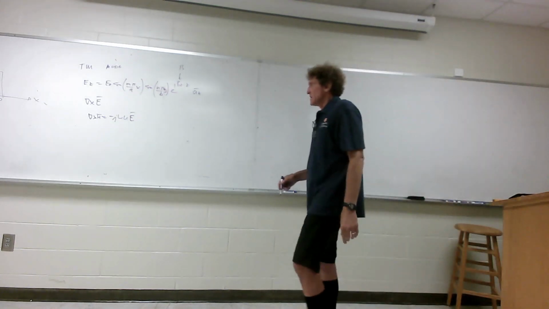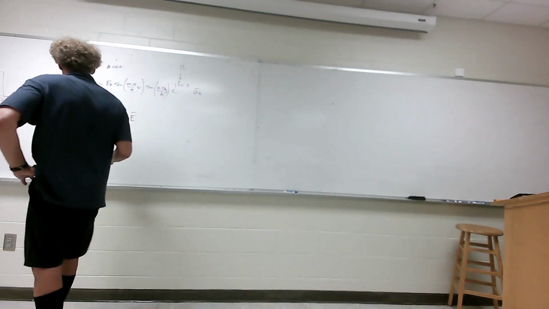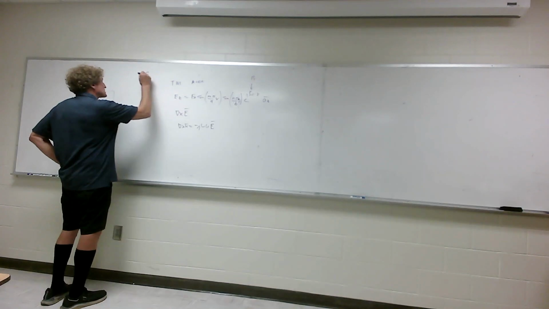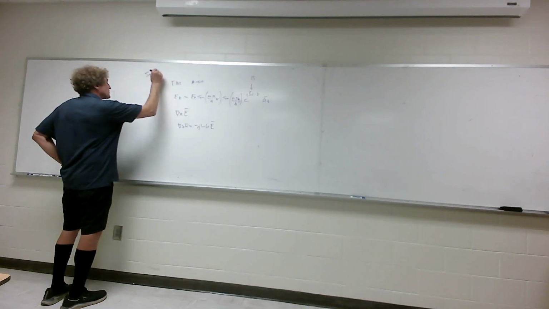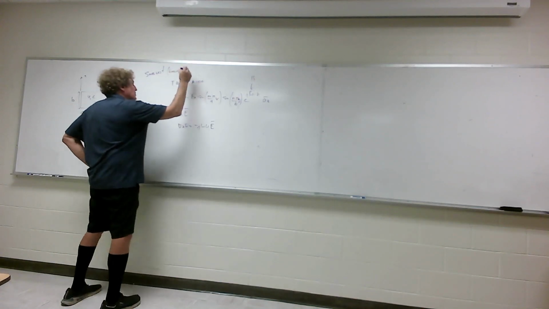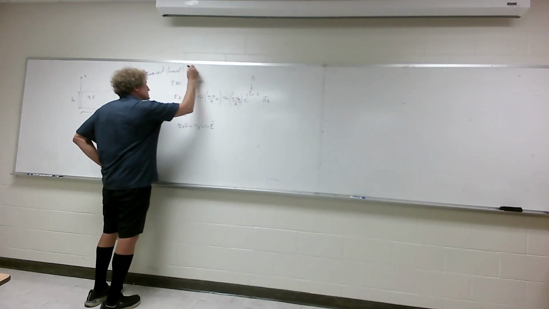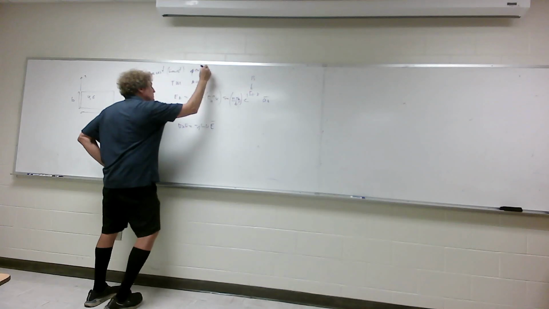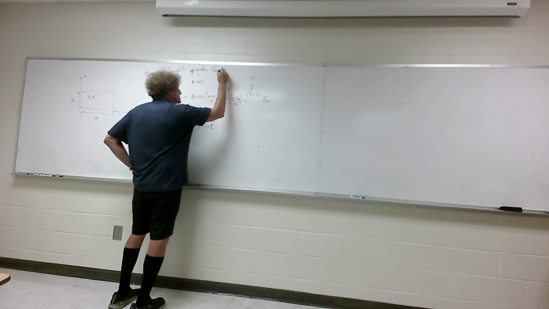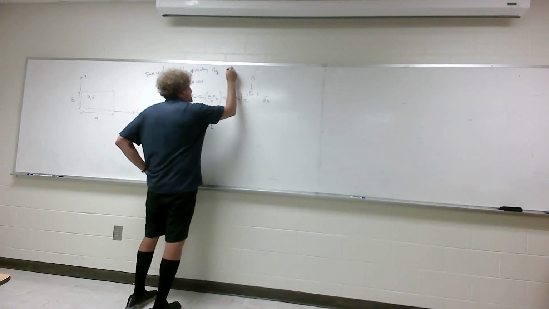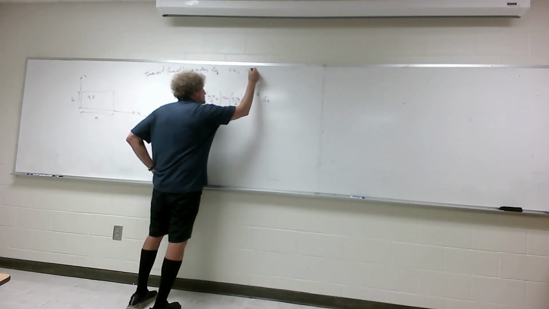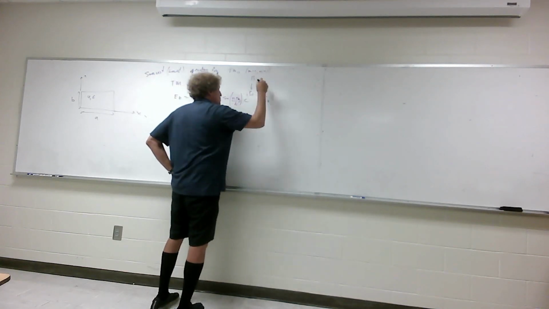When you look at this for TM mode, and this is important, the smallest or lowest operating frequency is going to be in the TM11 mode, which indicates m equals 1, n equals 1.